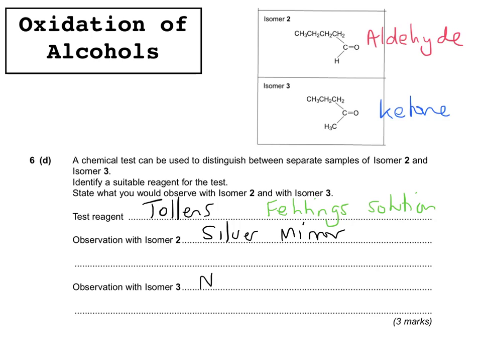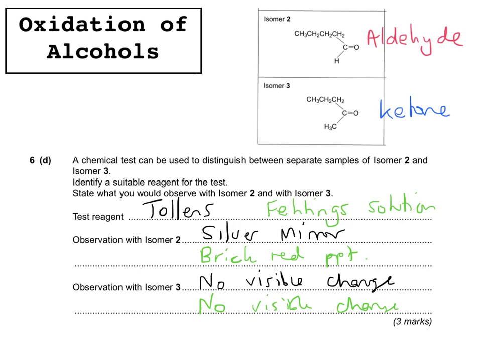And for isomer 3, the ketone, you'll see no visible change. And for Fehling solution, if you were to choose that as your test reagent, then you get a brick red precipitate for the aldehyde, and again you'd see no visible change for the ketone.